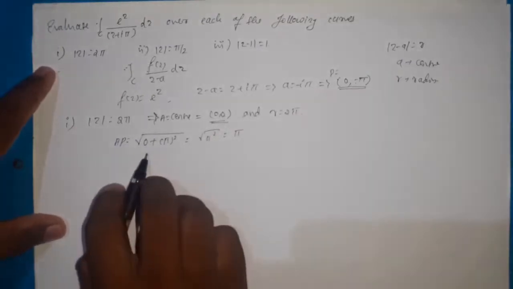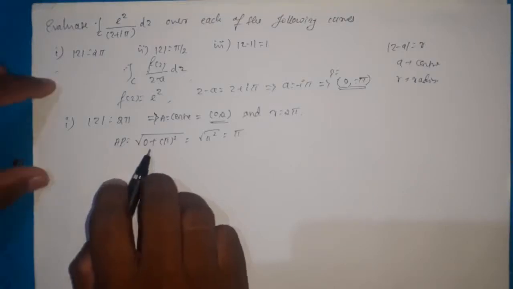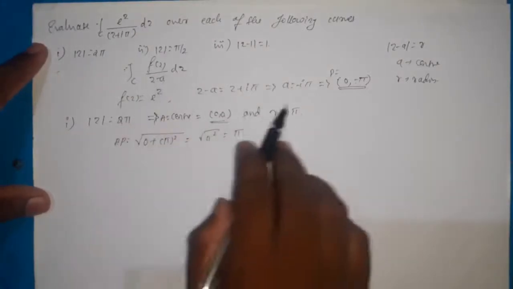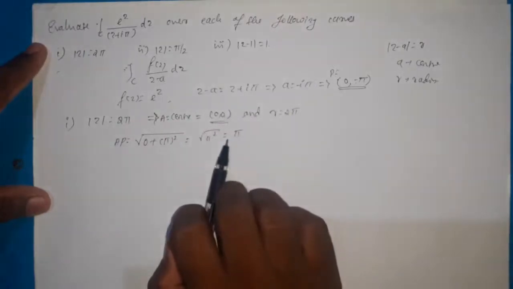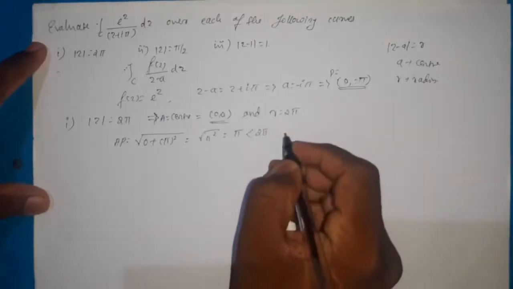So here the distance between two points, means both are the centers only. So here z minus a means a is the center of given curve. So therefore here the distance between these two centers is less than the radius of the given circle.